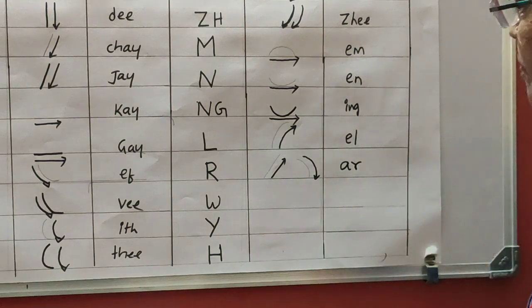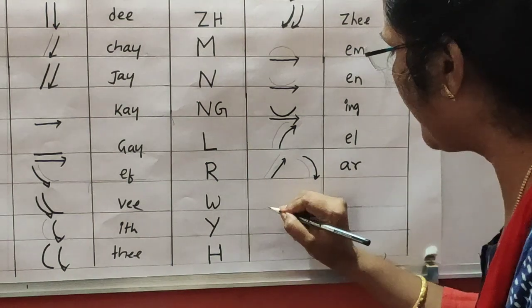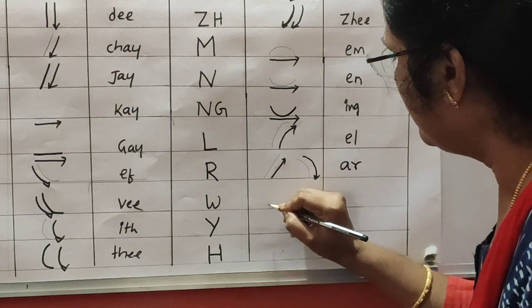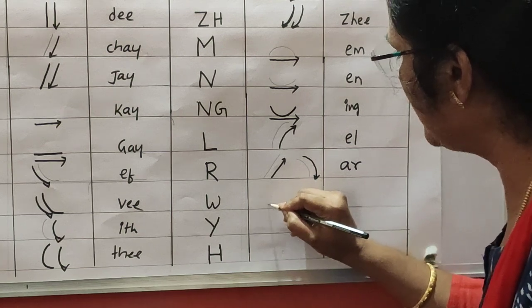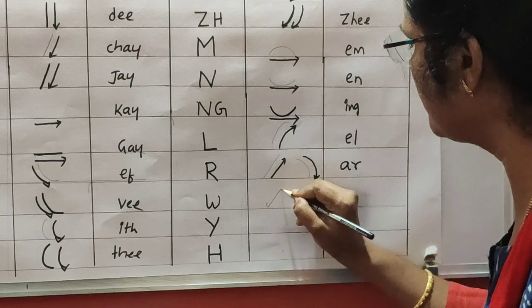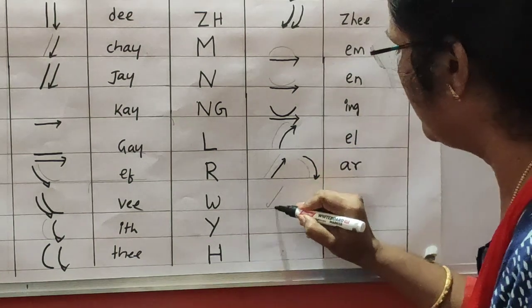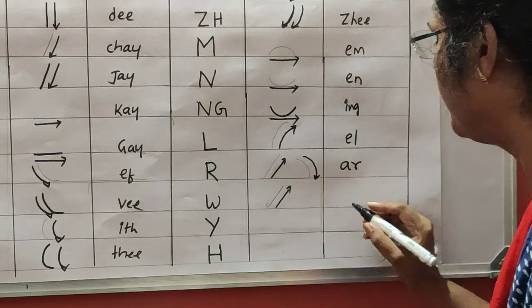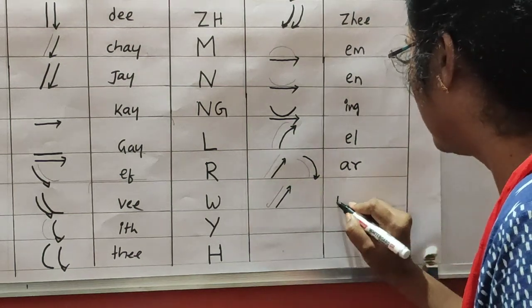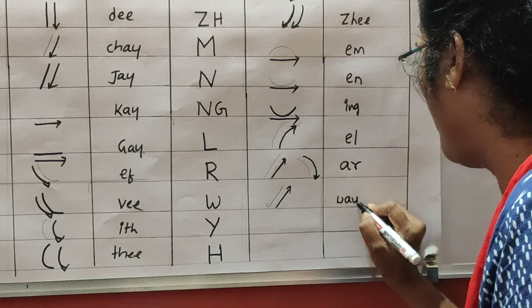Next letter is W. It sounds as way. You have to write it from downward to upward direction. W, way. Like this you have to write. It sounds as way.